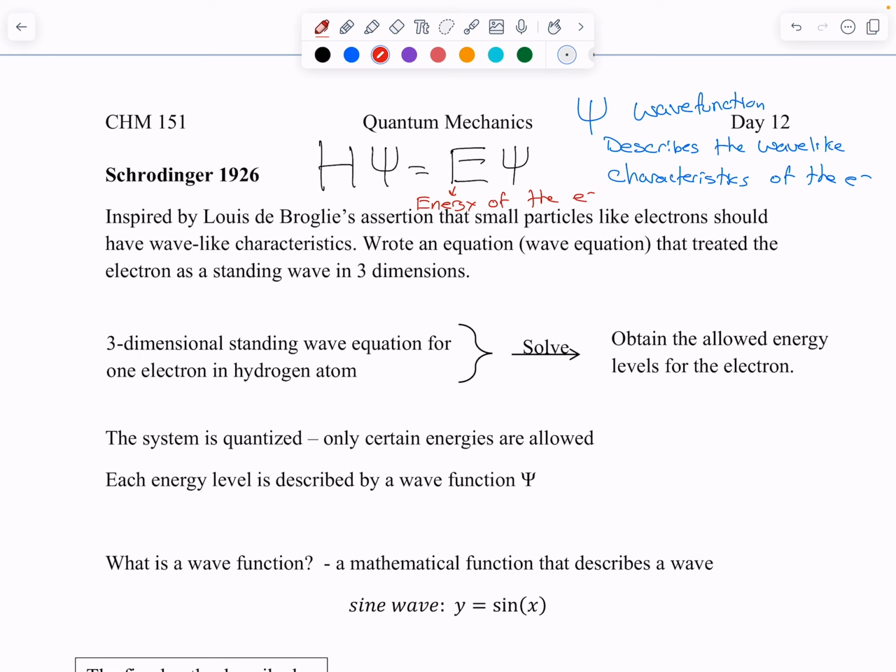So H is the Hamiltonian operator. It's a set of equations that represents the total energy, right?